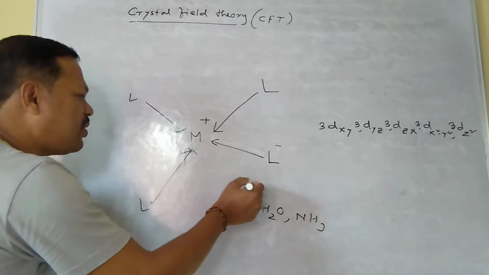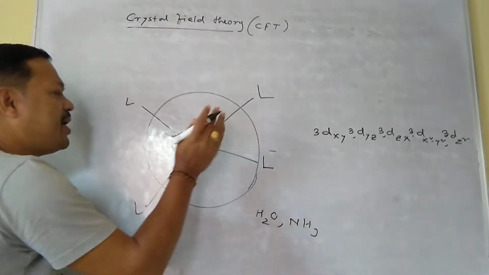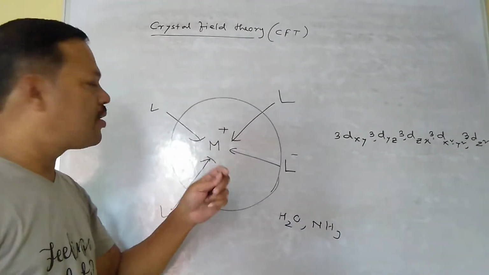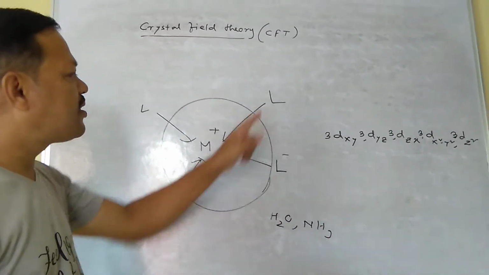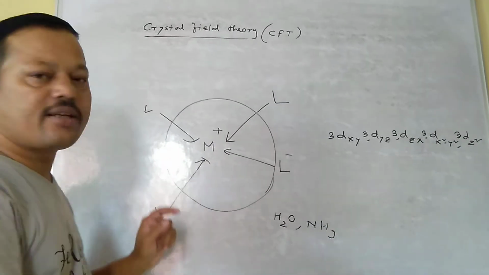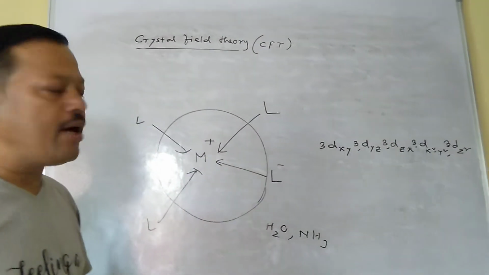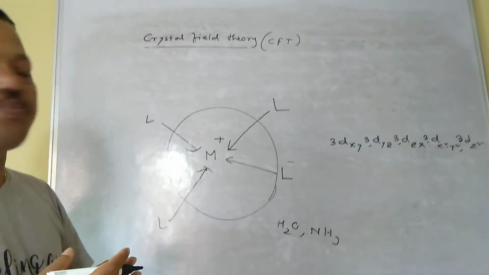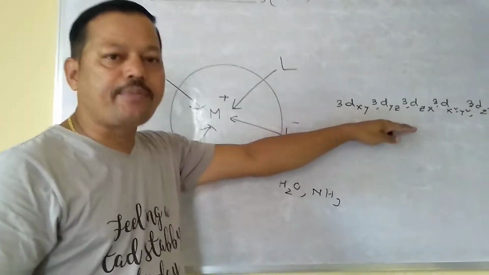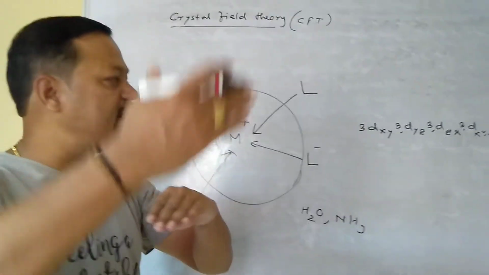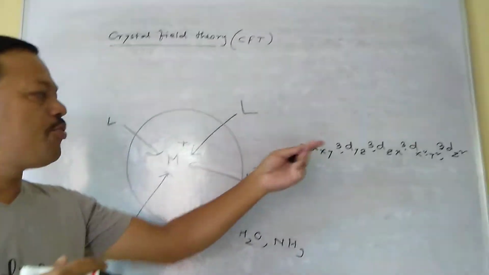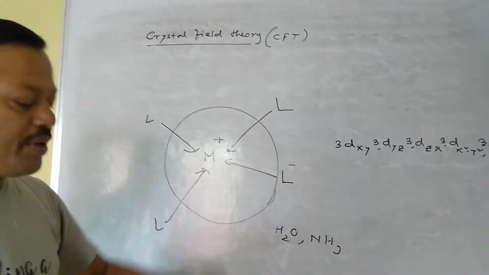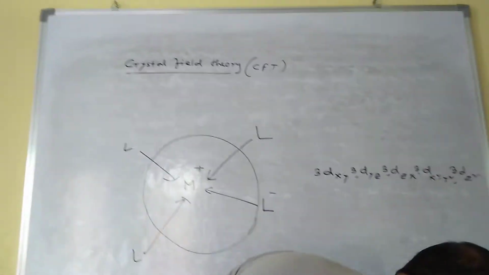If it is a spherical field, then the degeneracy of the d orbitals will be maintained. But since the ligand comes with a direction, from all the corners the ligand will come, that's why the degeneracy of the d orbitals undergoes splitting. Some orbitals among these 5 will have lower energy when the ligand comes, and some d orbitals of these 5 have higher energy. I mean, the d orbitals undergo splitting.